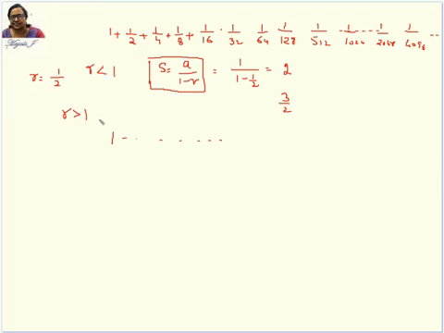If r is greater than 1 and if you have an infinite series, what will be the sum of the terms? Infinity. That's it. You keep on increasing this. There is no limit for that. Then the answer is going to be infinity. So that's why you don't have a formula for r greater than 1. When you have r less than 1, this is the formula. Okay. So now we'll go for that problem.